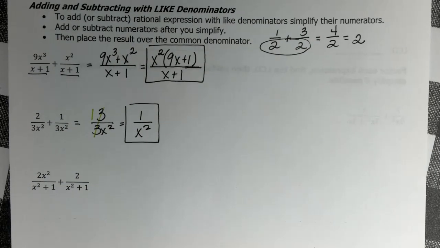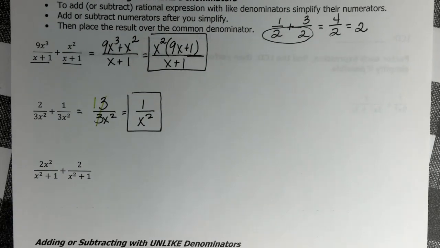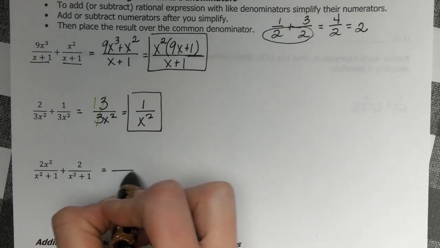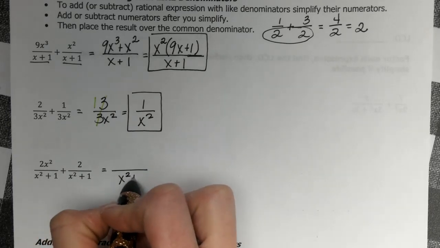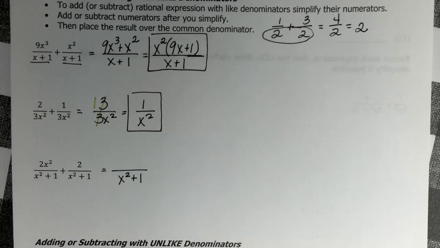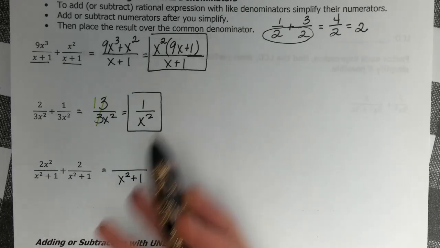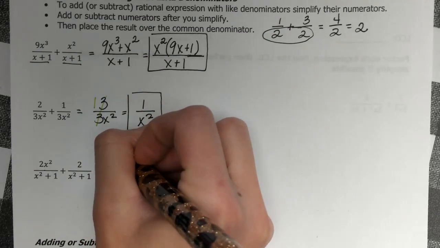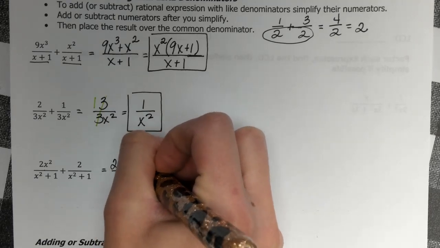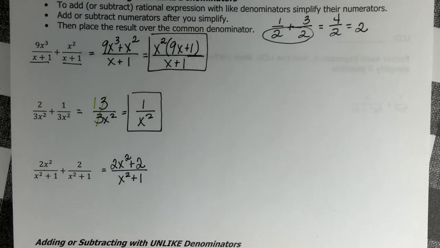Okay. And then so if I have 2x squared over x squared plus 1 plus 2 over x squared plus 1, my bottom stays x squared plus 1. And then my numerator, 2x squared plus 2, that's just going to be straightforward, 2x squared plus 2. Okay?